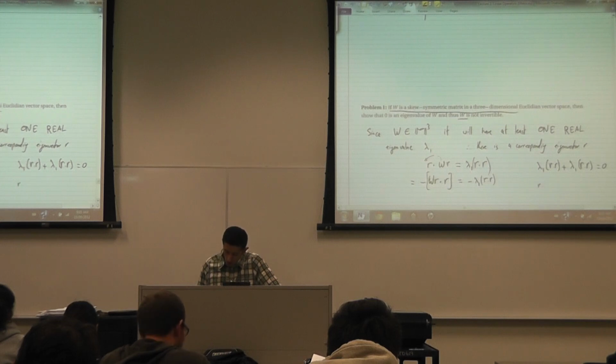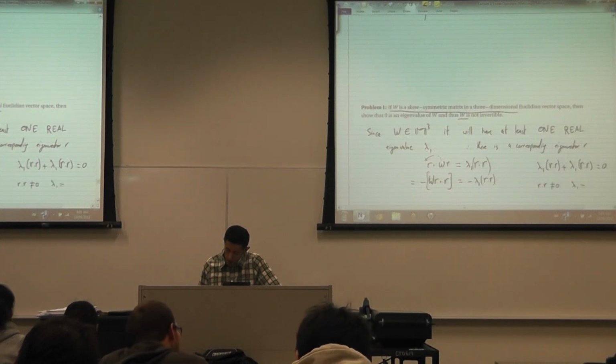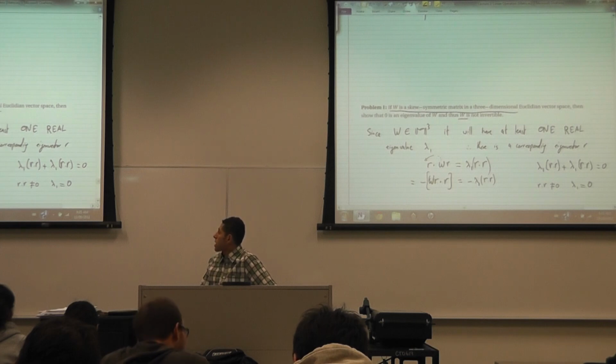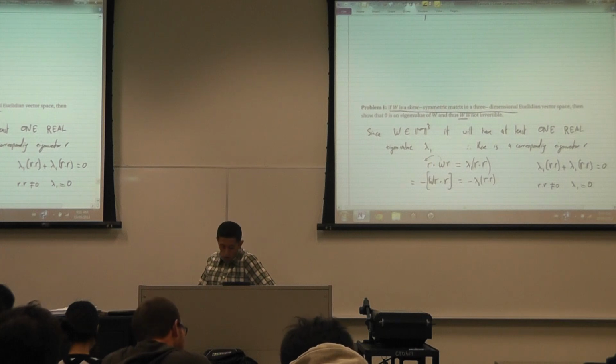Now R dot R is not equal to 0, therefore lambda 1 is equal to 0. Which tells me that there is a vector. When I multiply W by this vector, I get 0. And this is the eigenvector of W corresponding to the eigenvalue lambda 1 equal to 0.